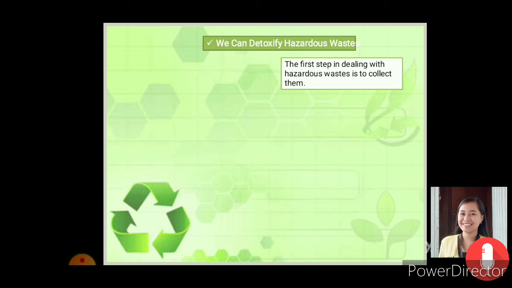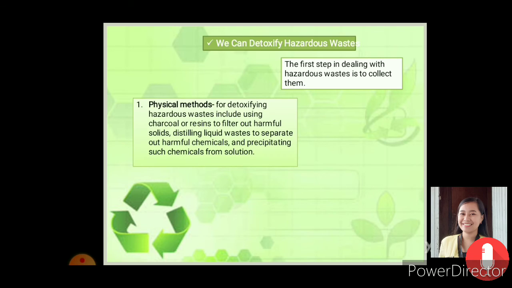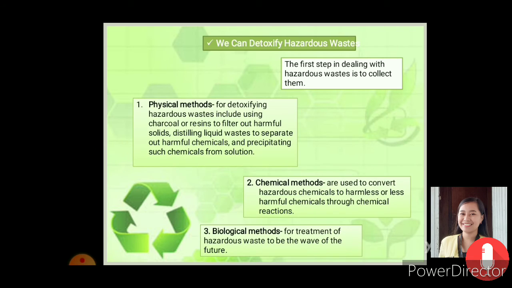From there it is taken to a large processing facility where waste is detoxified with physical, chemical, and biological methods. Physical methods for detoxifying hazardous waste include using charcoal or resins to filter out harmful solids, distilling liquid waste to separate out harmful chemicals, and precipitating such chemicals from solution.